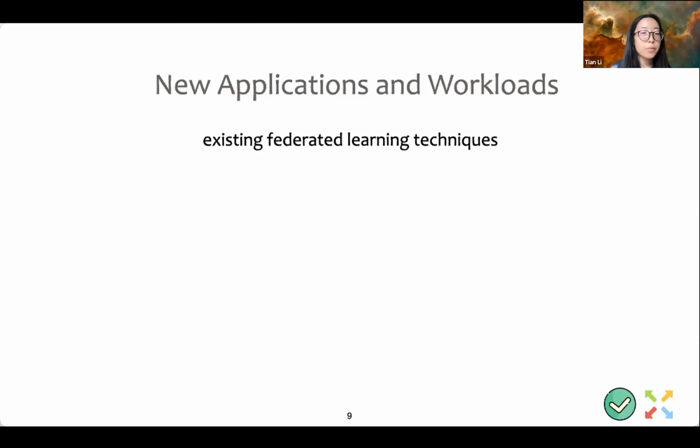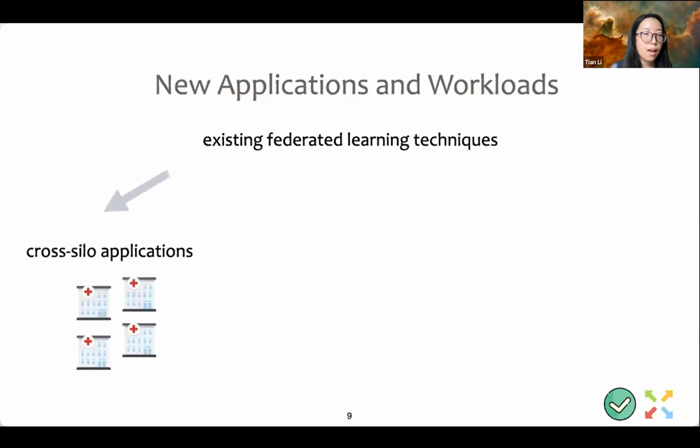So starting from the existing federated learning techniques, I think one slightly underexplored direction is about the cross-silo applications where communication may not be a constraint anymore, and each client may have enough local computation, and sometimes the constraints are more on the privacy and security side.